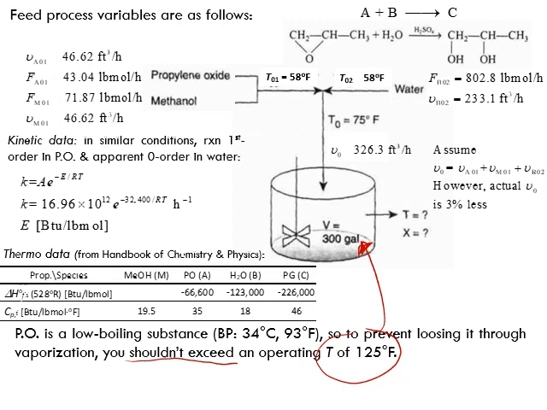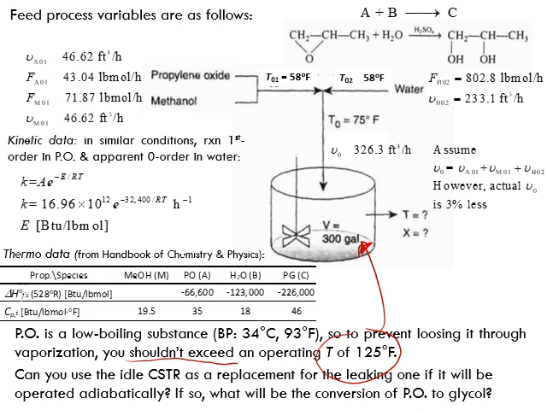No, that's not true. Please refer to the thermodynamics of solutions to remind yourself of this. Roughly speaking, the bubble point will be somewhere between the lowest boiling point species and the highest boiling point of the heaviest species. So basically we shouldn't exceed 125 degrees Fahrenheit.